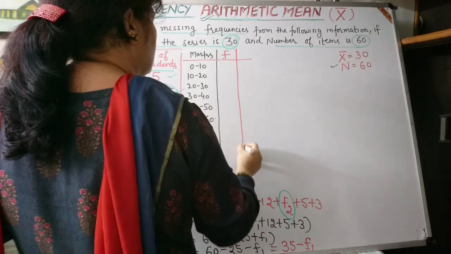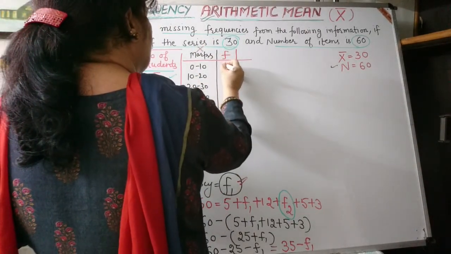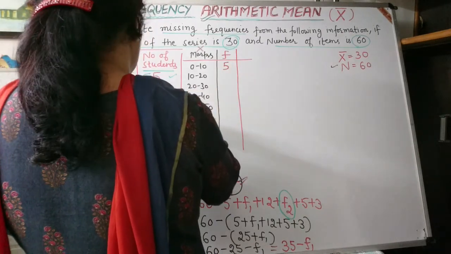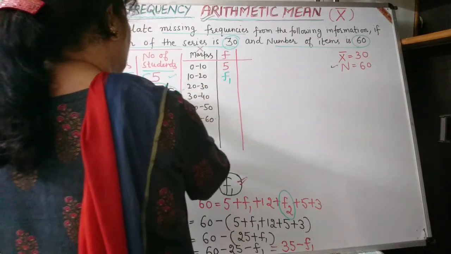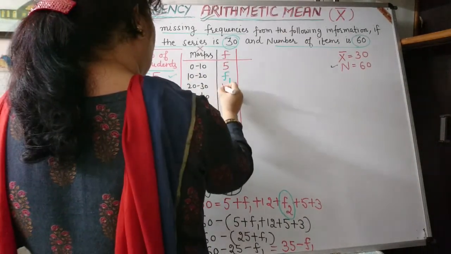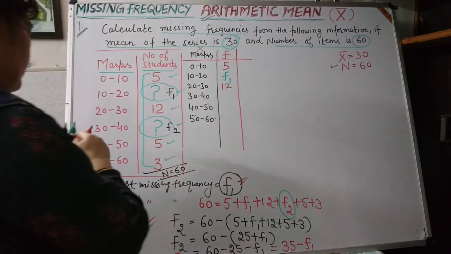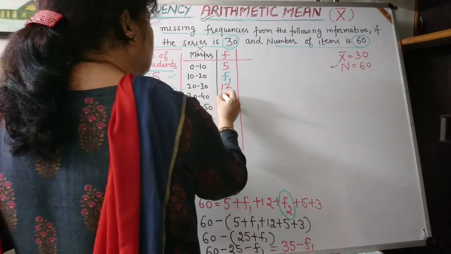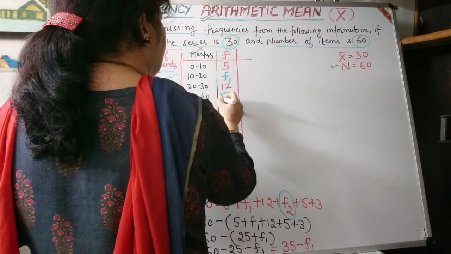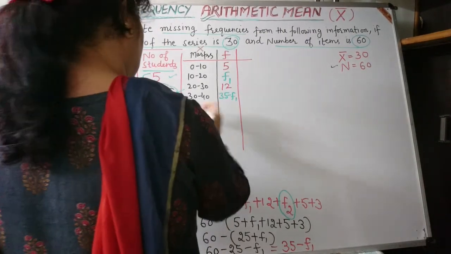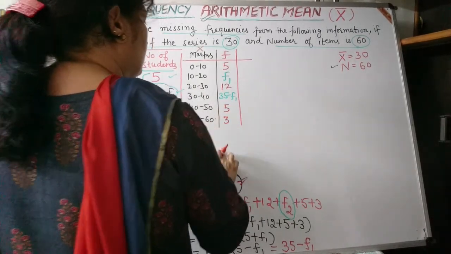Marks means the values of x, and the frequencies are: first 5, second F1 instead of the missing frequency, then 12, then the value of F2 is 35 minus F1, so I have written the derived values, then 5 and the last one is 3. So these are the calculations.